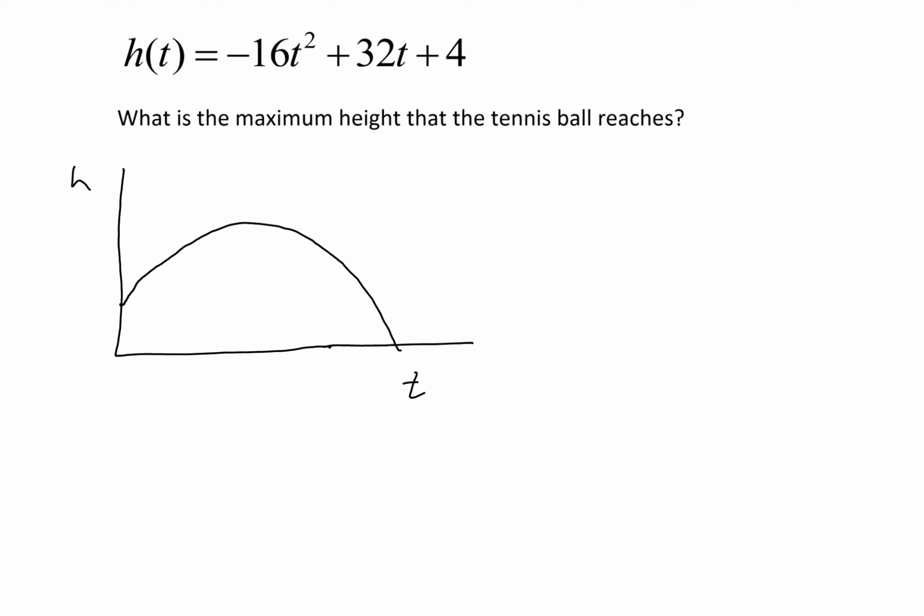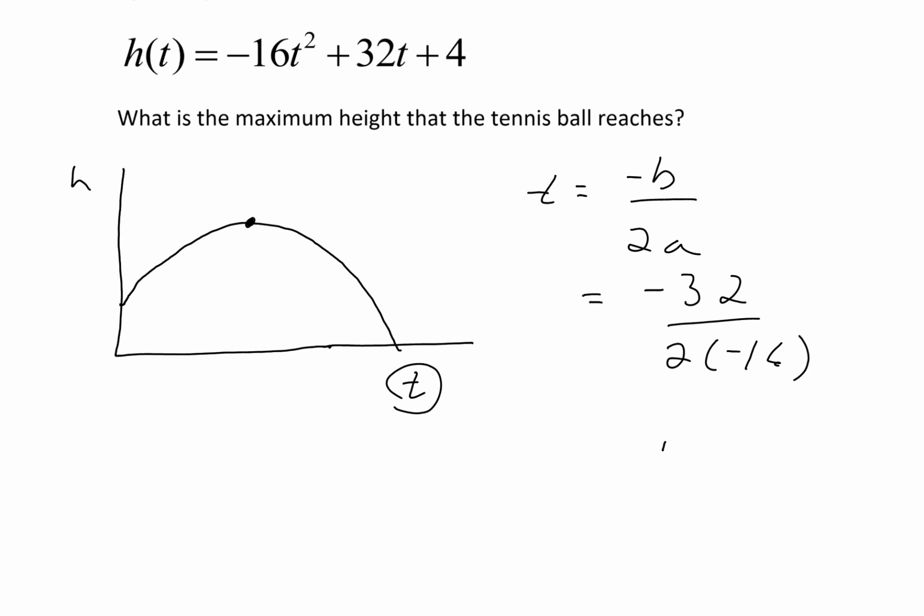So the maximum height the tennis ball reaches, that's like finding the vertex of the parabola. So first I'm going to find, we've been calling it the x-coordinate, but it's the t-coordinate, because that's what I've got down here. So the time when it reaches its maximum height is going to be negative b over 2a. b is 32, so that's negative 32 over 2 times negative 16, which is negative 32 over negative 32, or 1 second.